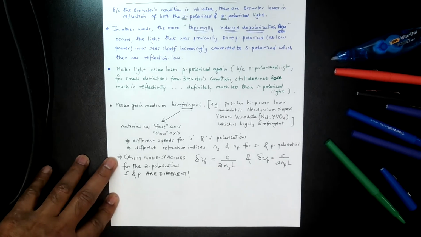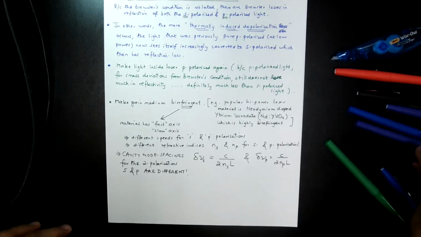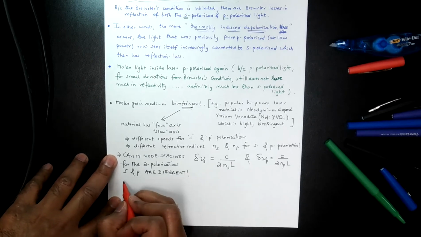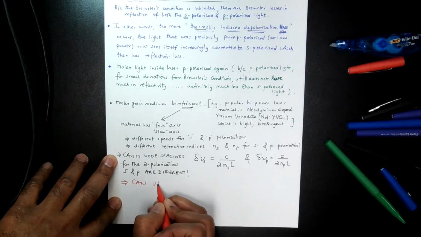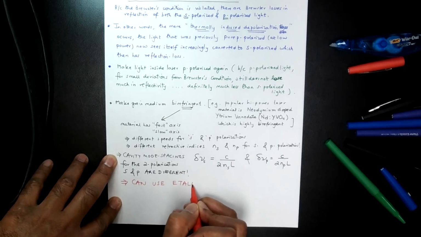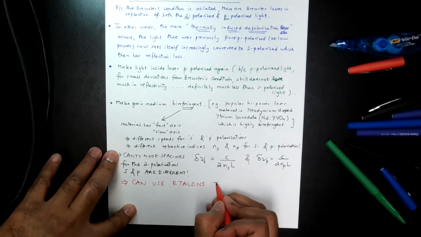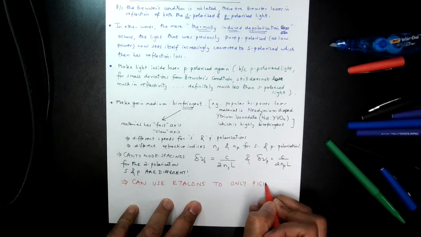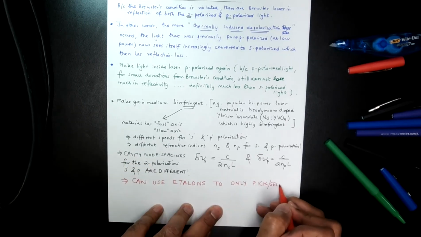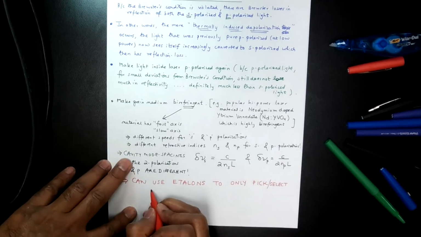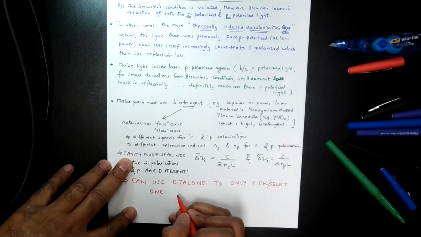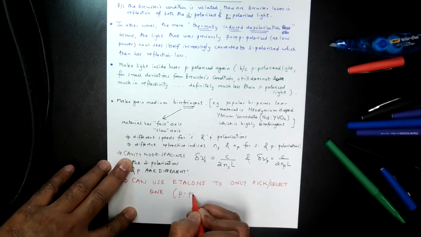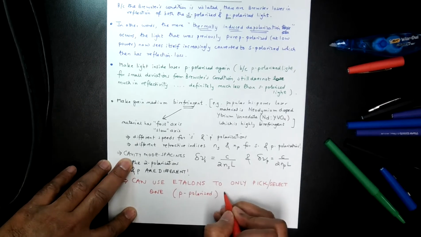Okay, so now you can exploit the echelon trick that we learned in the last lecture, which implies you can use an echelon or echelons to only pick or select one cavity mode, and it would be a p-polarized cavity mode.